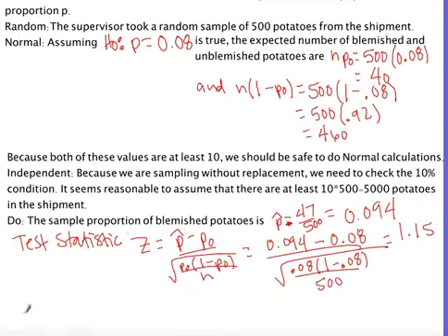Alright, so next we have to figure out what the p-value is. So to calculate the p-value, remember that the p-value is basically the area under the standard normal curve for a one-sided test. And so whenever we are finding the area underneath the curve, you're going to do normal CDF.